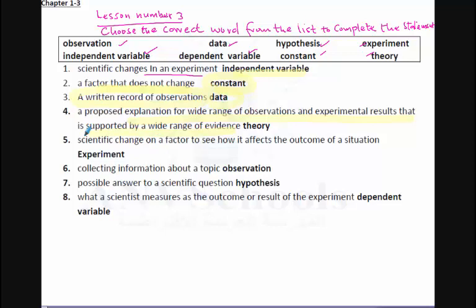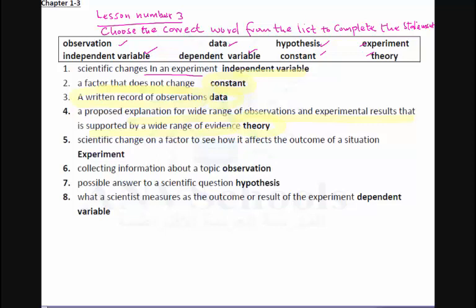What we mean here is, when we look at a proposed explanation for a wide range of observations, we are talking about a theory. Not the theory we know in our normal day-to-day life, where theory means a speculation.